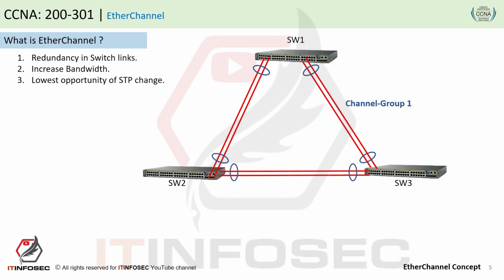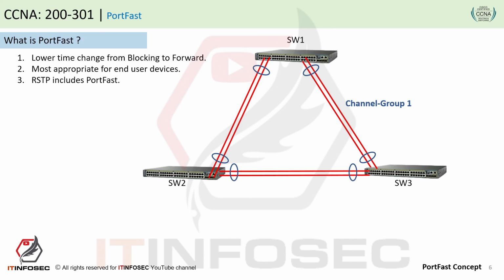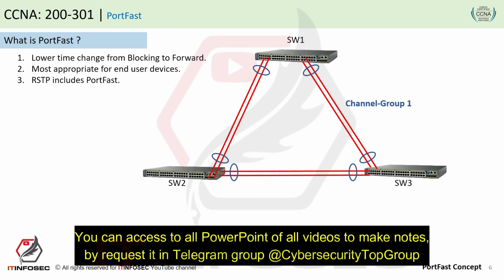Okay, and what about PortFast? What is PortFast? This feature should only be configured on ports that are connected to end user devices. For example, if you have connected one computer to one of the ports on SW2, you can configure that port as PortFast.